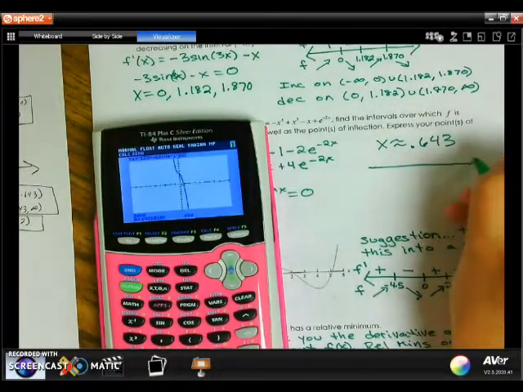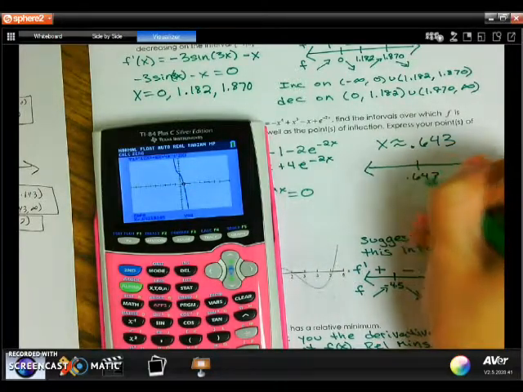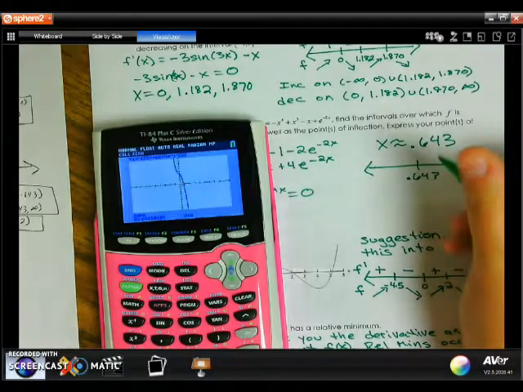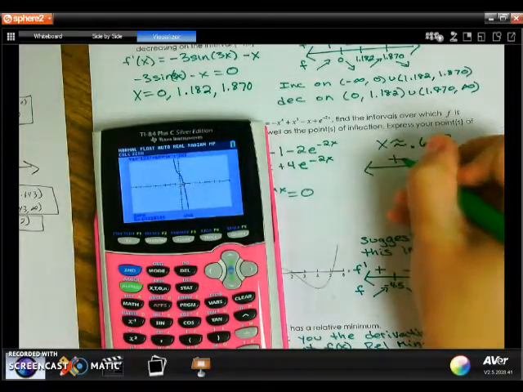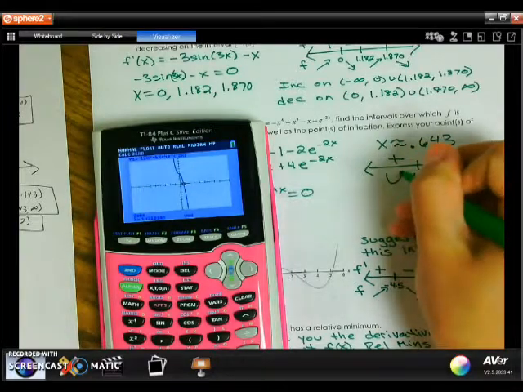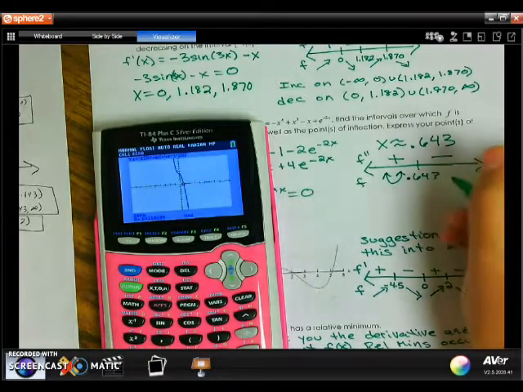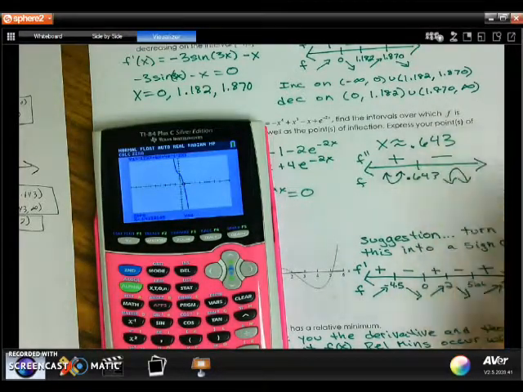And I can do a sign chart there. Okay, so at 0.643. Well, what can you tell me about it? Well, before it was positive, right? To the left of that number, it's positive. Below that number, it's negative. So that means that the original must have been concave up, right? Because we're talking about my second derivative in relationship to the function. And after that, it was concave down.